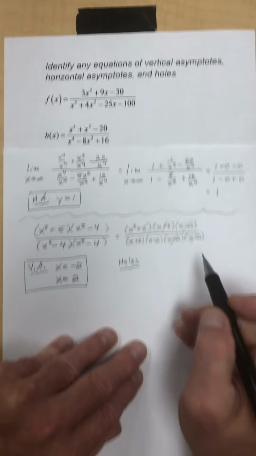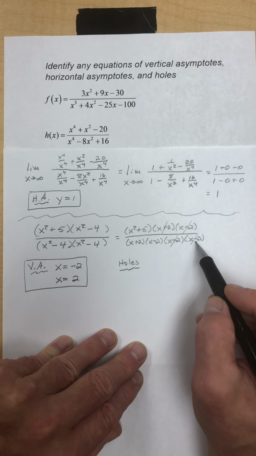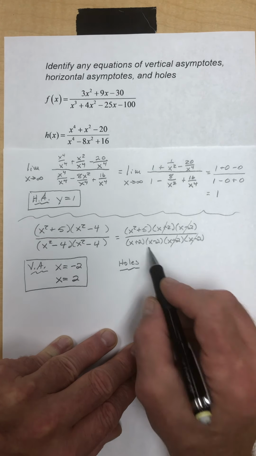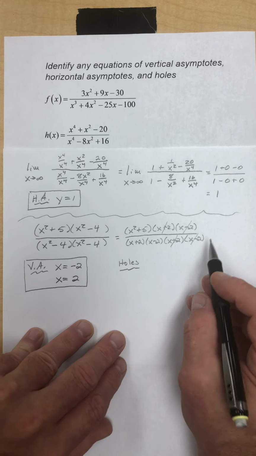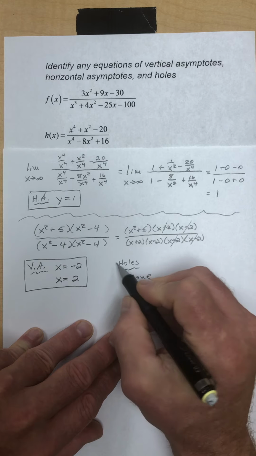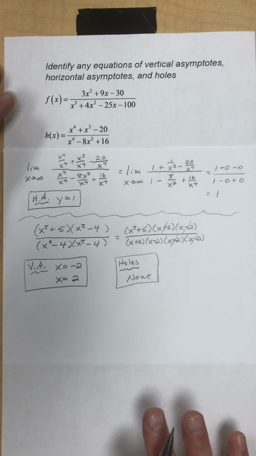But notice we have some multiplicity down here in the denominator. So although these cancel off, we have additional factors of x plus 2 and x minus 2 to account for vertical asymptotes. So we do have no holes here. And we're in good shape. Got everything we need. That takes care of that video.